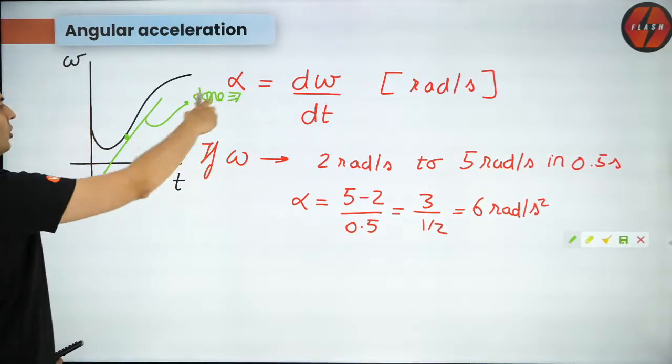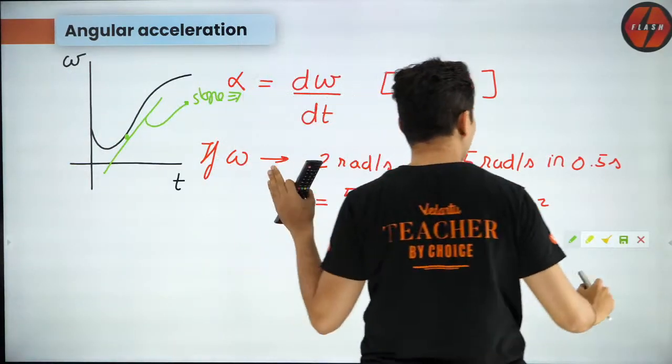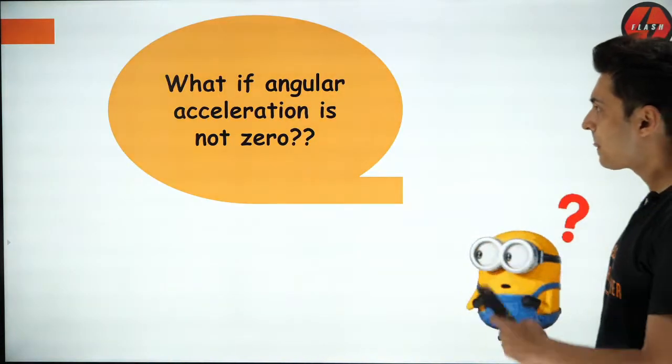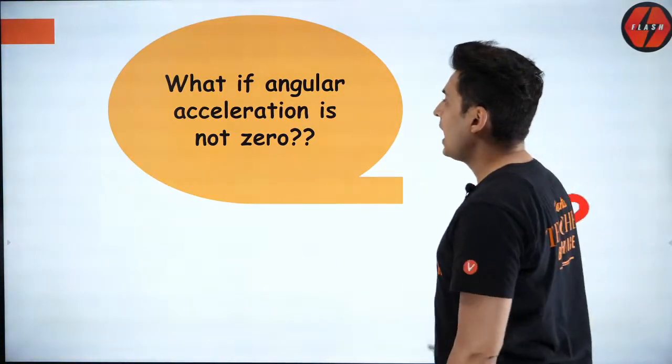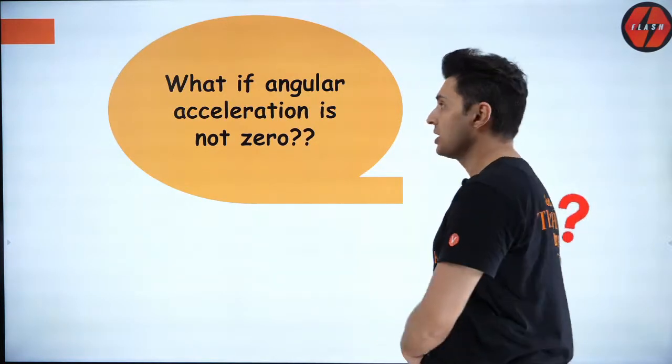So the slope of the tangent drawn to the omega versus time graph is the angular acceleration. What if angular acceleration is not 0 is what we are going to see today.